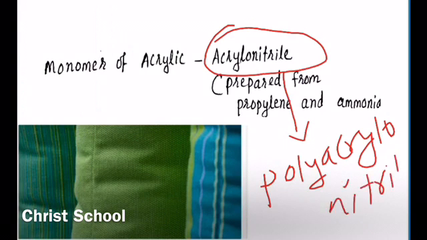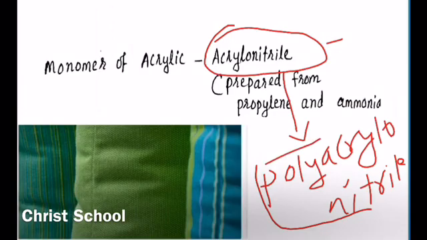In the case of polyester, the monomer unit is ester and the polymer will become polyester, and the name of the fiber is also the same, polyester. But in the case of acrylic, the monomer is acrylonitrile and the polymer is polyacrylonitrile, and the name of the fiber is acrylic. Name of monomer, acrylonitrile; name of the polymer, polyacrylonitrile; and the name of the fiber is acrylic.